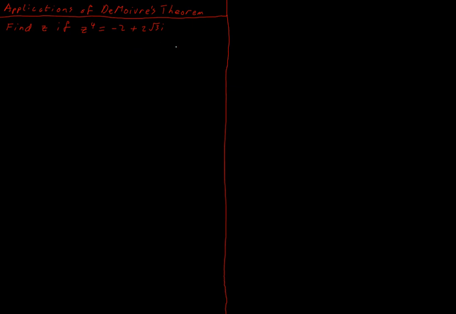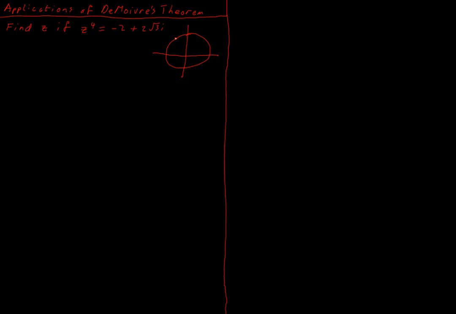So first of all, draw our picture. It does not need to be pretty. So I have minus 2 on the real, and then plus 2 root 3i on the imaginary. So I'm up somewhere around there.